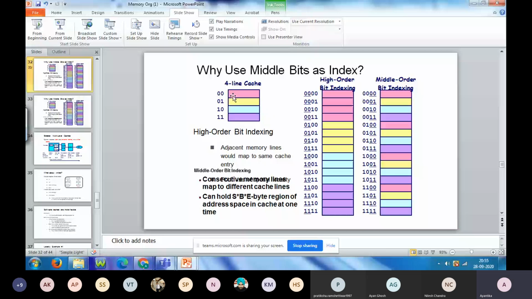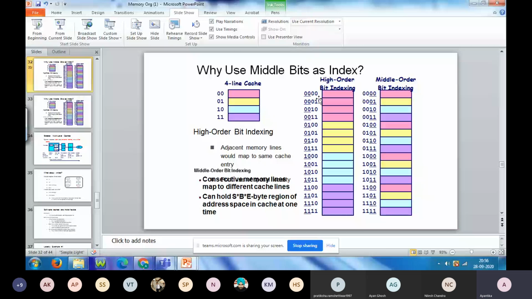What is the difference? Let's consider a practical example of instruction memory. You have written some program and it has been stored in your main memory at locations all 0, 0001, 0010, 0011, in this way.